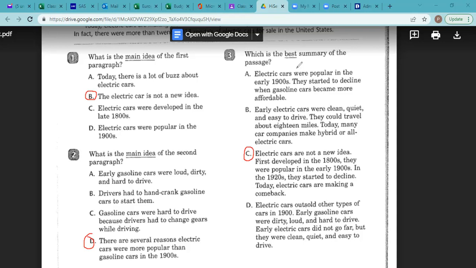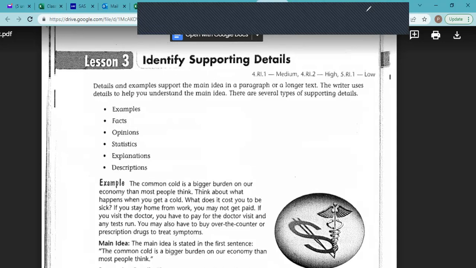All right, let's go on to the next page. Lesson 3. Identify supporting details. We just looked at the main idea, and now we're going to see what supporting details look like. What are they about?